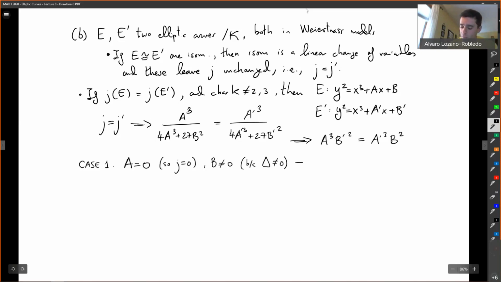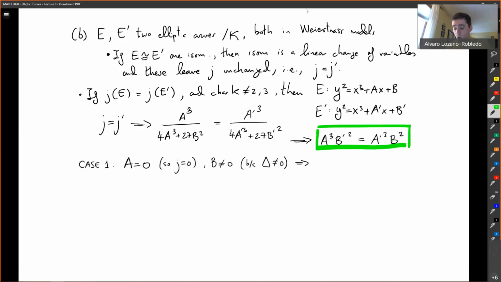So we have a is 0, b is non-zero, and then from this magic equation right here, the left-hand side is 0, b is non-zero, so a prime needs to be 0 forcefully.